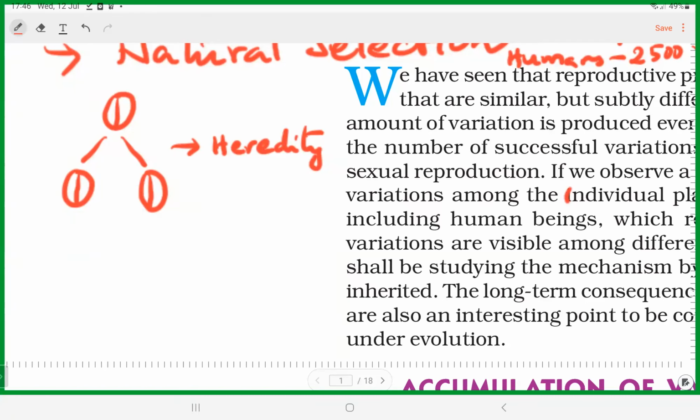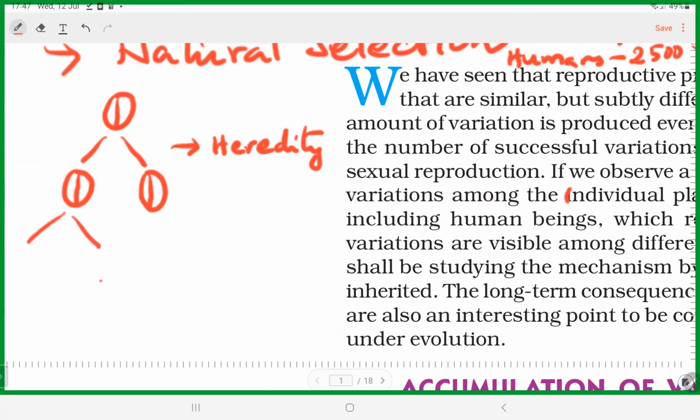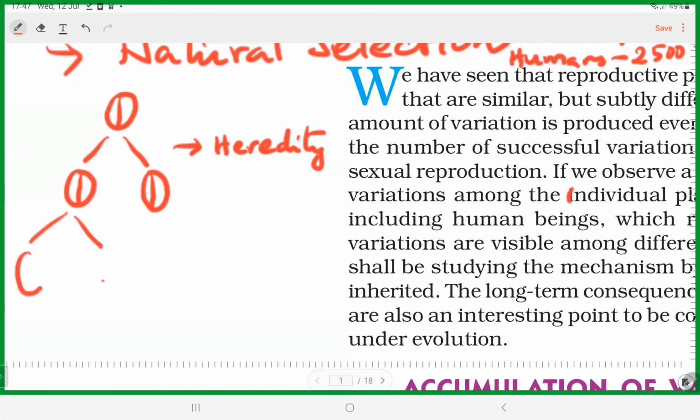And look at this picture. What change can you see?